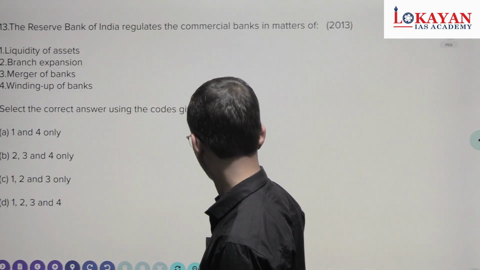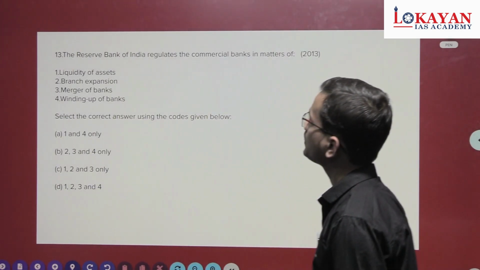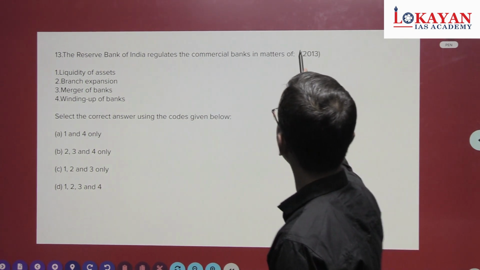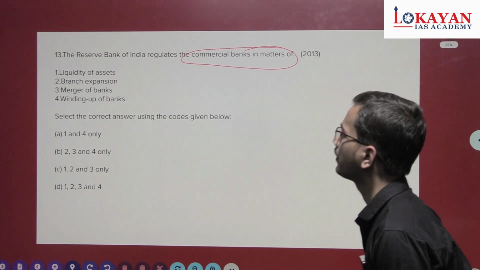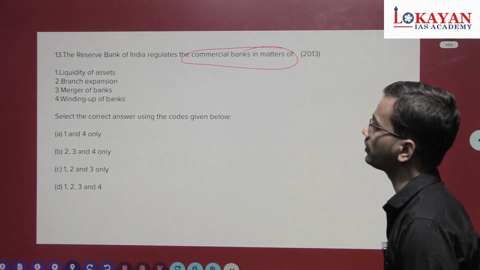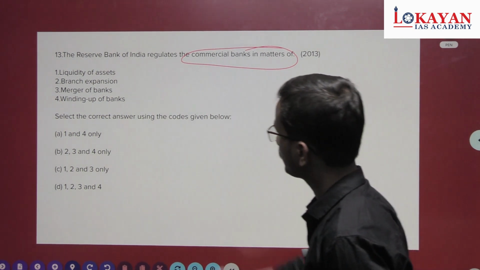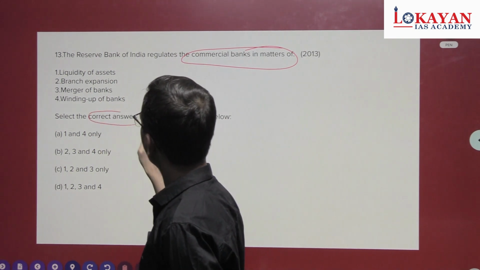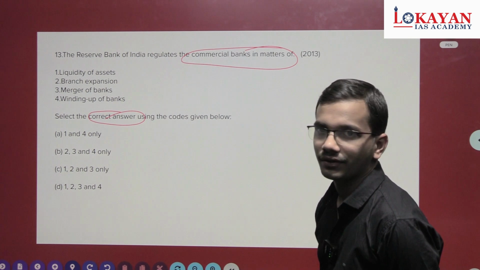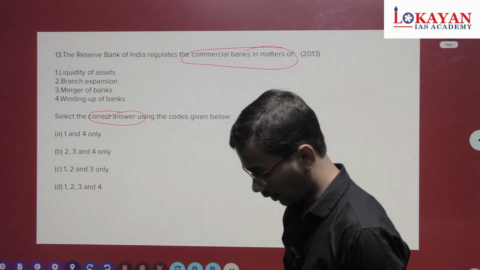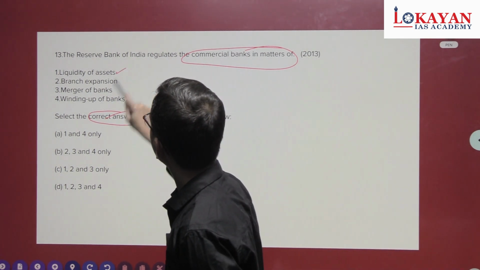Next, the Reserve Bank of India regulates commercial banks in matters of liquidity of assets, branch expansion, merger of banks, winding up of banks. Correct answer. Liquidity of asset, we have reserve requirements. Correct.